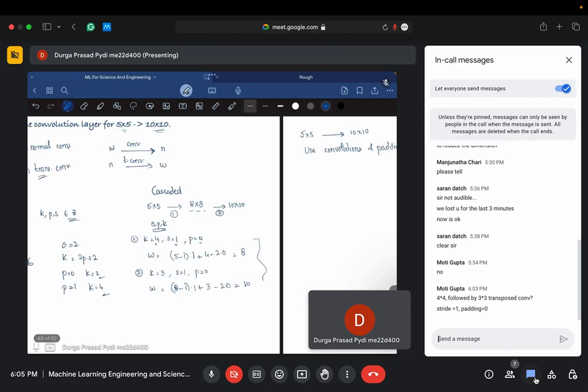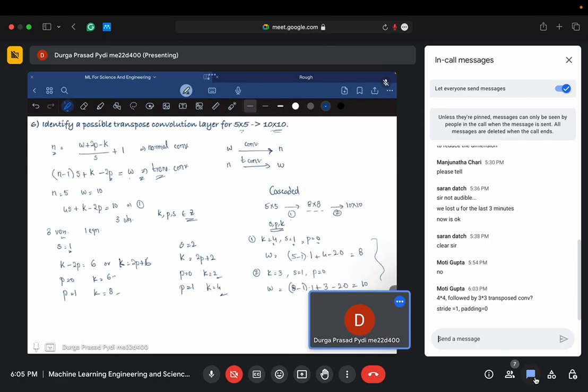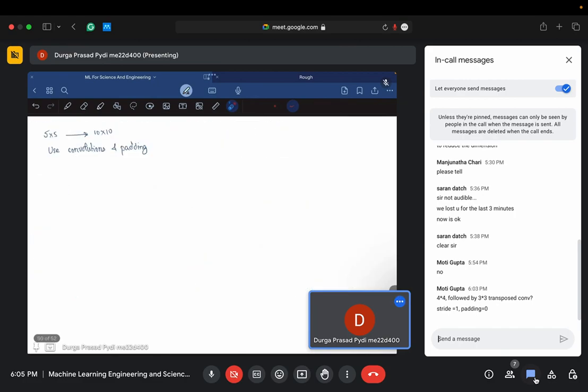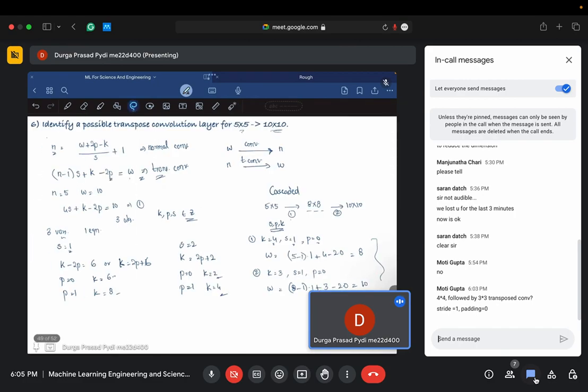You can go through and use these relations to do that. I'm just saying use normal convolution, so you should be using only this equation. W is 5 by 5 and n is 10 by 10. You can use any padding you want, any stride, any kernel you want. Can you give me one possible combination that will give this particular transformation? I'll just write it down here so everything will be in one place.